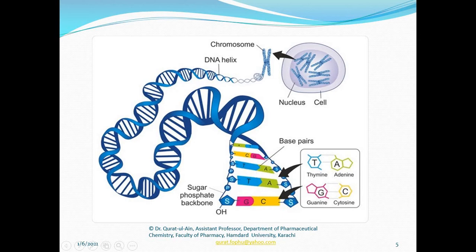That is how the two strands twist on each other, and then they compact with protein and make the structure that we call a chromosome. The complete set of chromosomes present in each living cell is termed its genome.